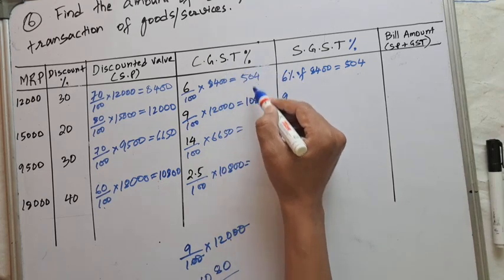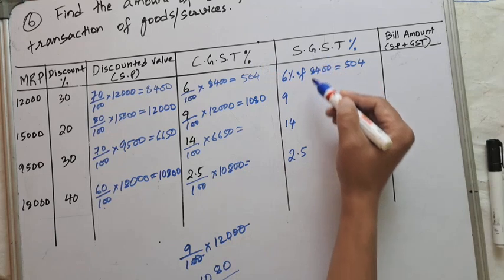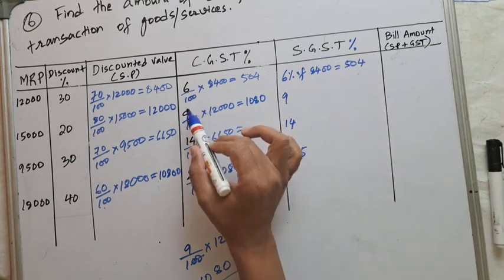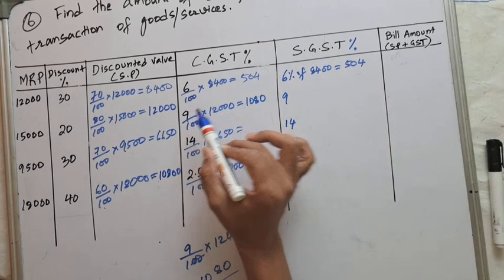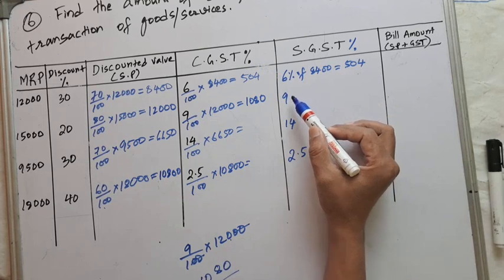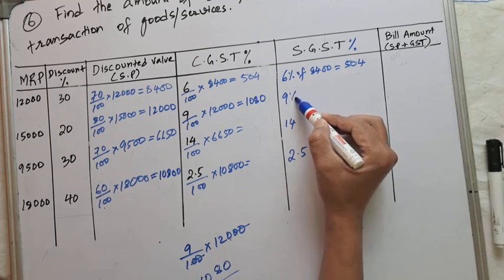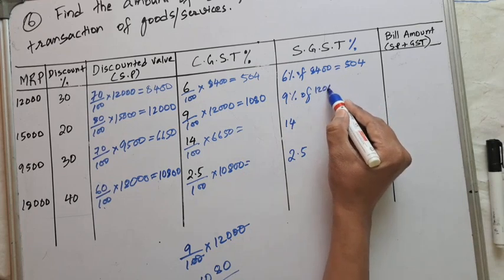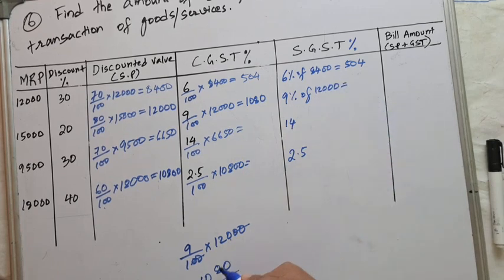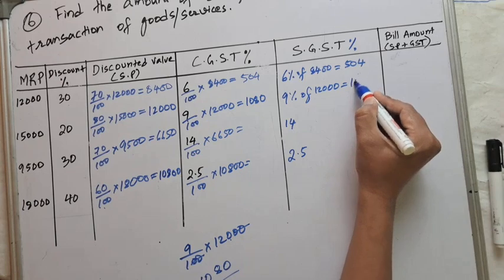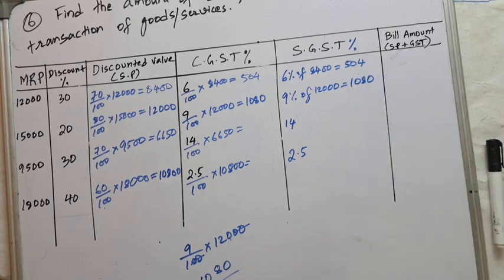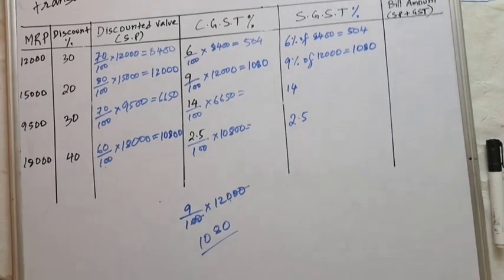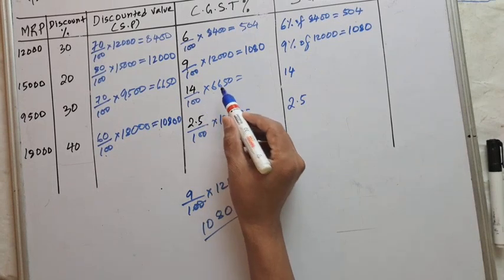If CGST is 1080, SGST will also be the same, because whatever be the percentage of CGST, same will be the percentage of SGST. So 9% of 12,000 equals 1080.